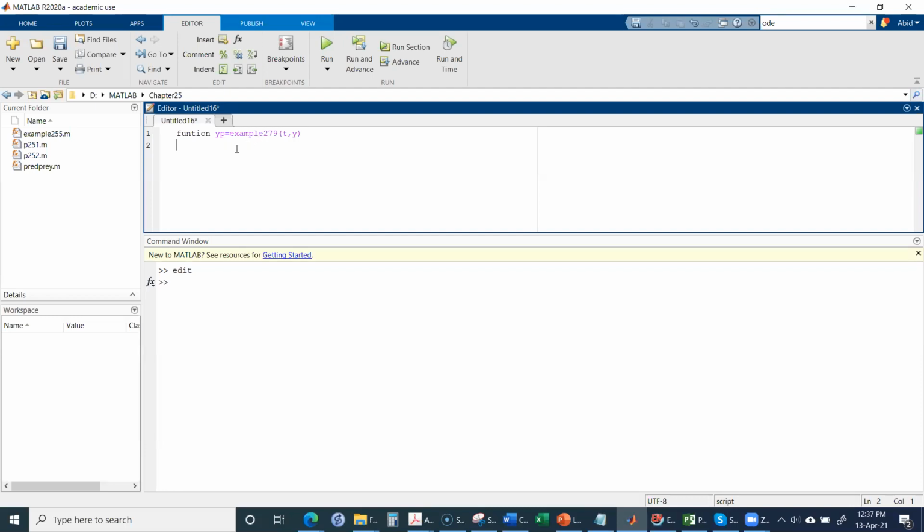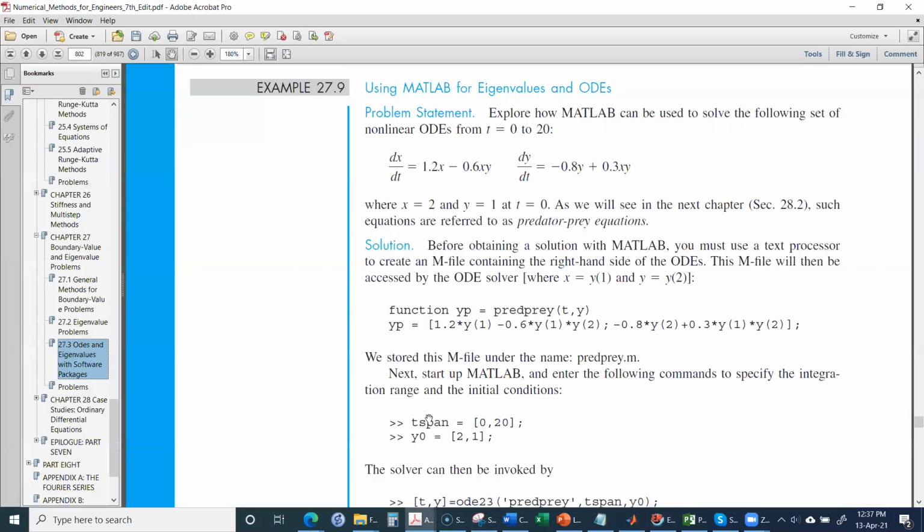So yp is equal to example 27.9 of t, y. So now we will define yp. Sorry, yp is equal to, here you will see that it's actually already written over here. So yp is equal to this, 1.2. Here you can see that there is this close bracket.